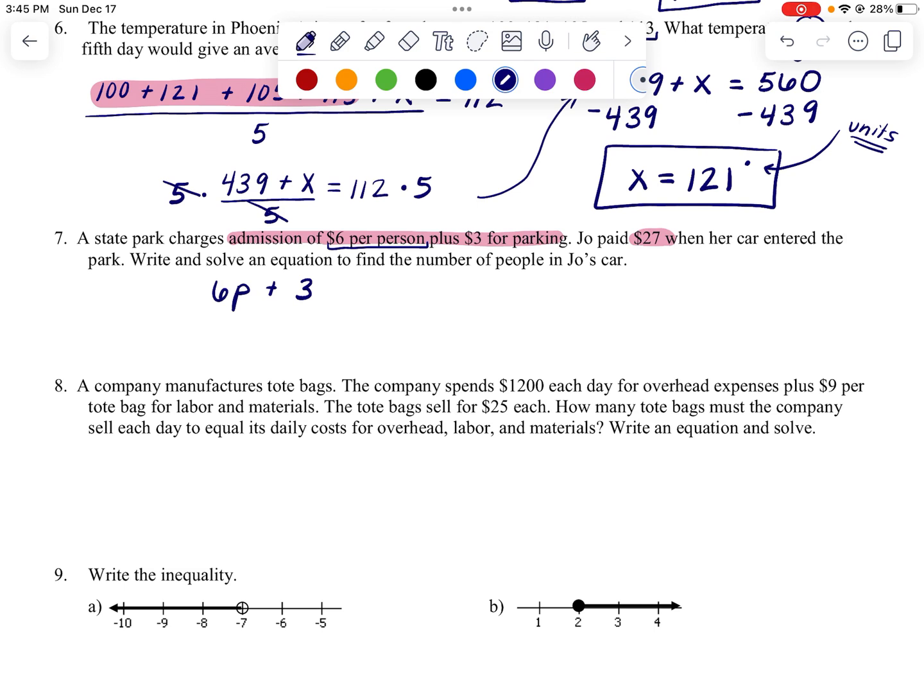It's just a flat $3 for parking. Has to equal $27. And then we're solving. So we're subtracting 3. 6p is equal to 24. We can divide by 6, and you get that there were 4 people in the car.